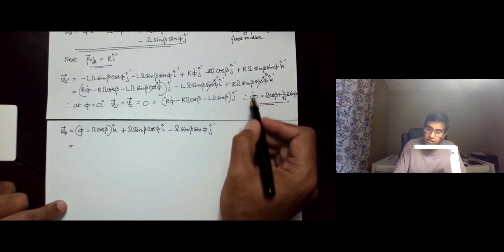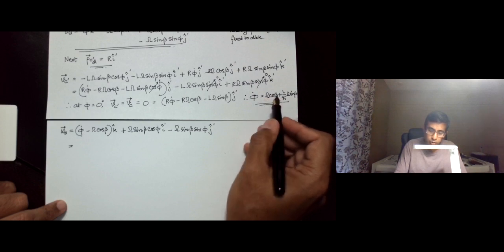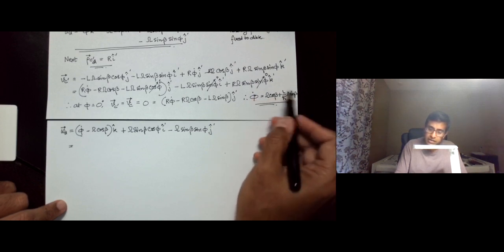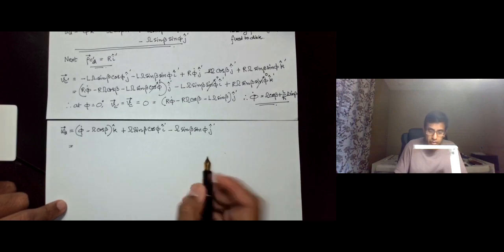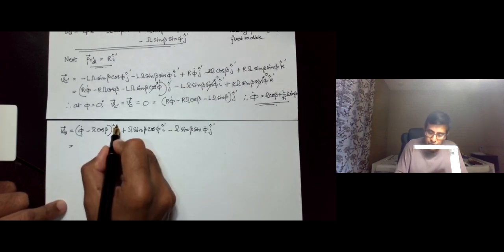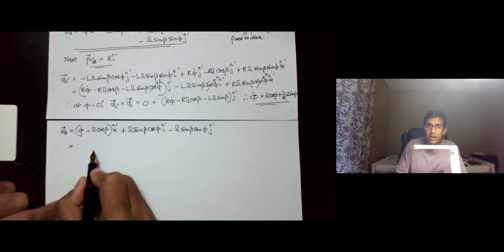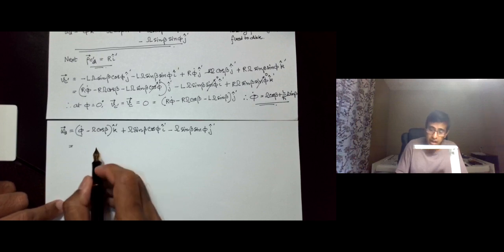Okay, so we substitute for phi dot here. As you can see, phi dot also has in its expression a omega cosine beta. So phi dot minus omega cosine beta is nothing but L over R capital Omega sine beta. And I should put a k prime here, although k prime is again same as k.